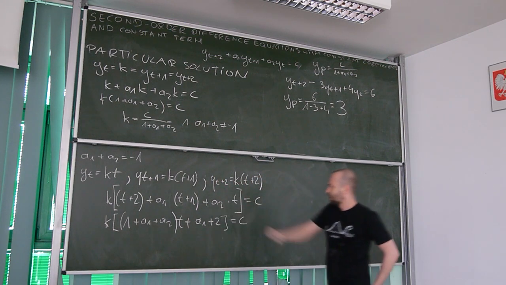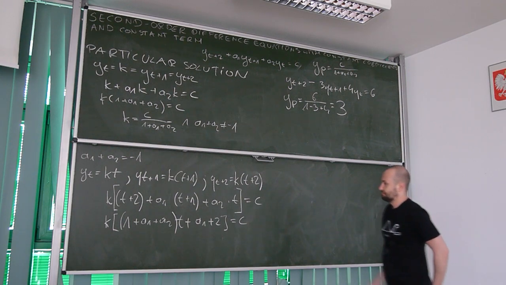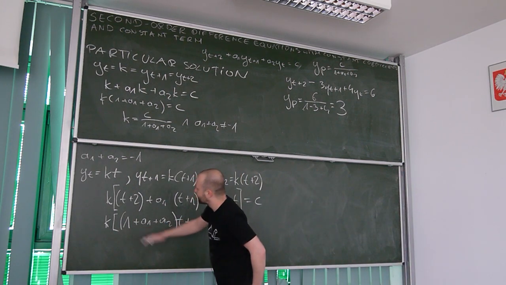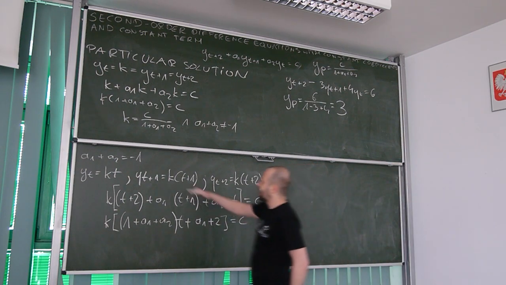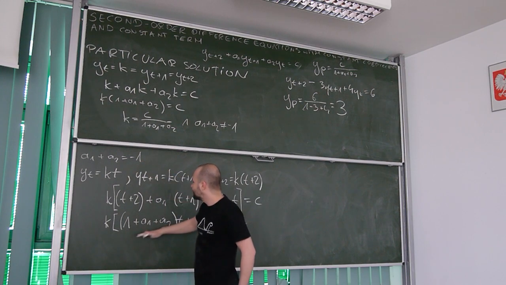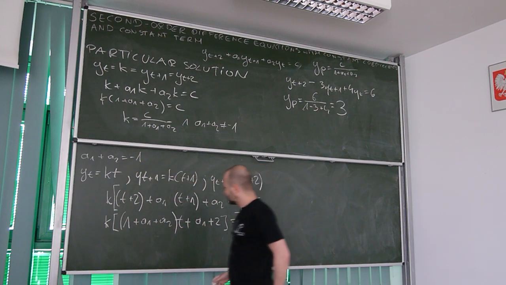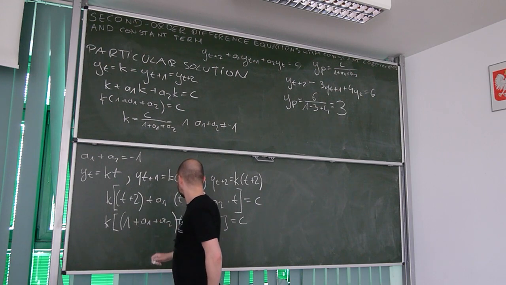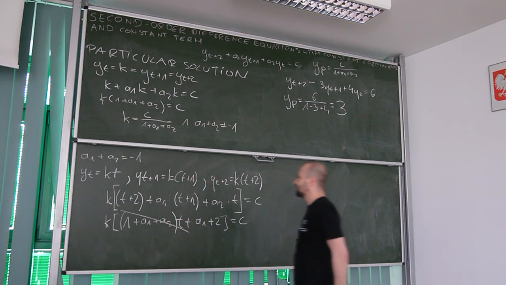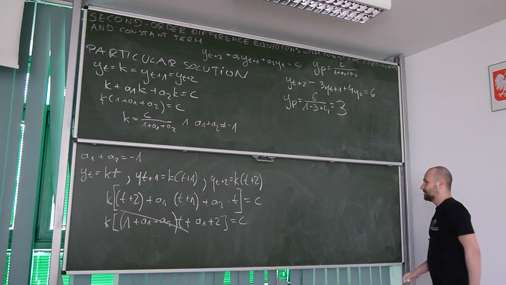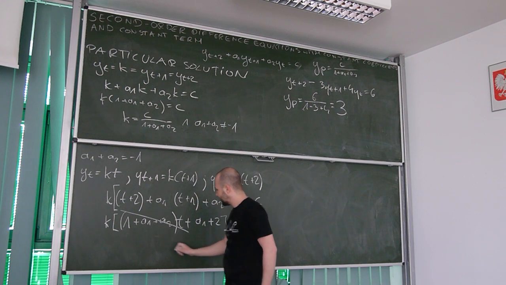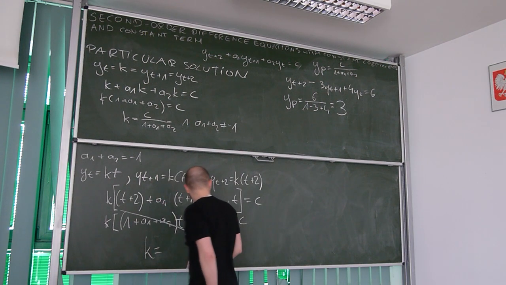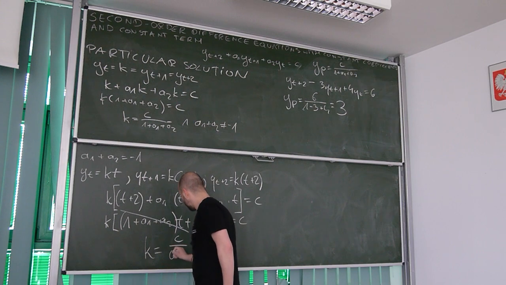But look, this expression reminds us of the denominator in the particular solution in the previous case. Under our assumptions, it needs to be equal to 0, because a1 + a2 is equal to -1. So this part disappears. All we've got left inside the brackets is a1 + 2. If we divide both sides by this expression, we get that k is equal to c over a1 + 2.